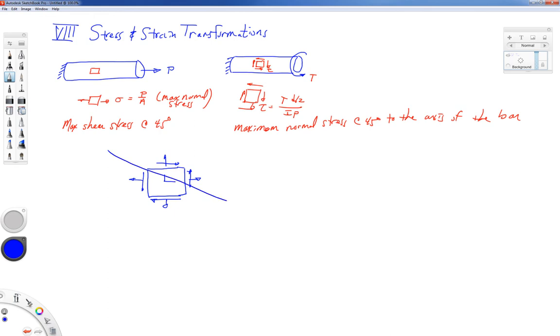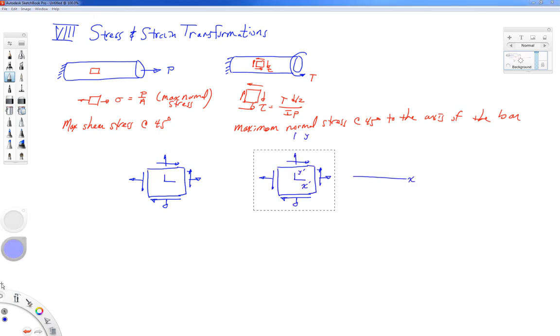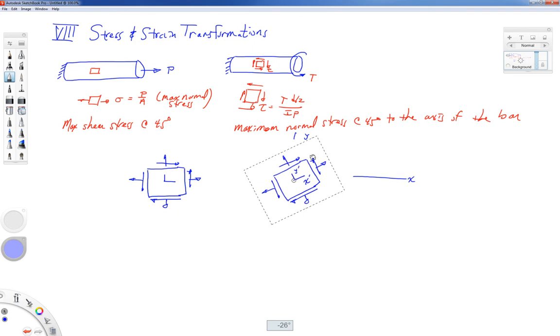But if you could imagine our starting stress state in the X and Y system as I have drawn here, what I can do is I can take this block and I can rotate it to different orientations, different angles from the original X and Y axis. And I can have stress components that are in what are known as the X prime and Y prime directions. These components will change as this angle changes.